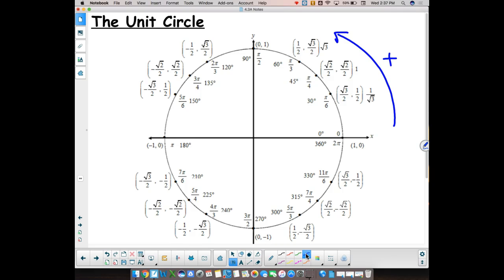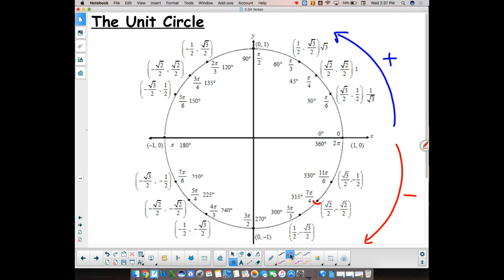If I go the other way, if I go clockwise from 0, then that becomes the negative direction. So if I need to go negative 3 pi over 4, I'm going to utilize my fourths.